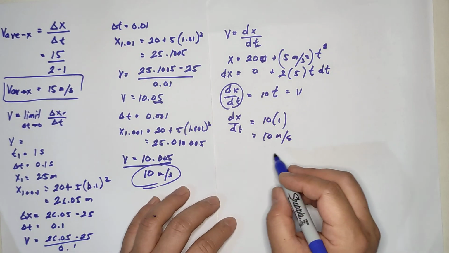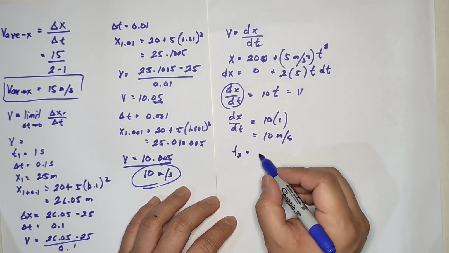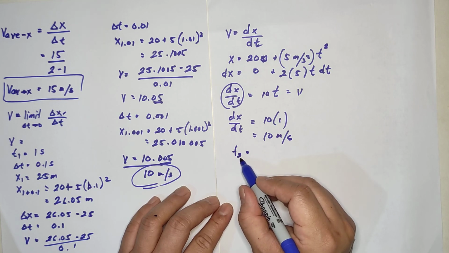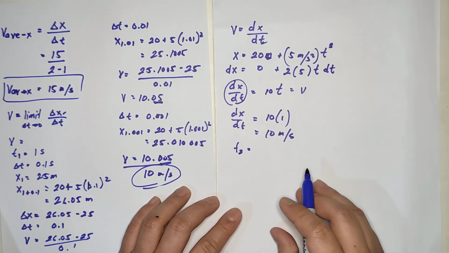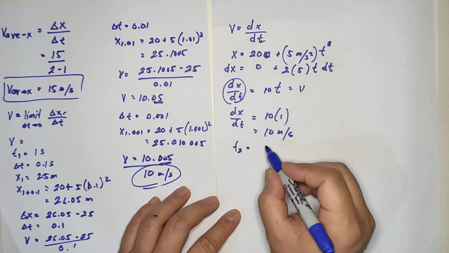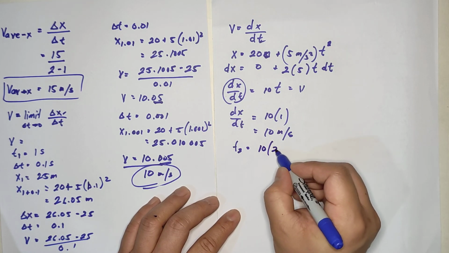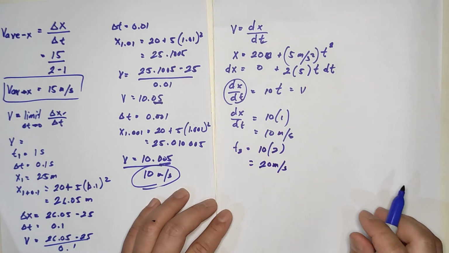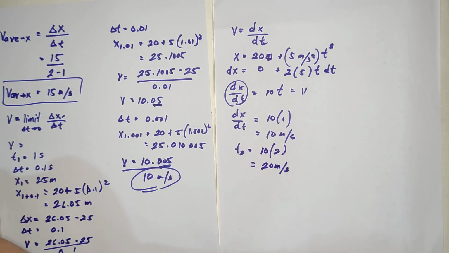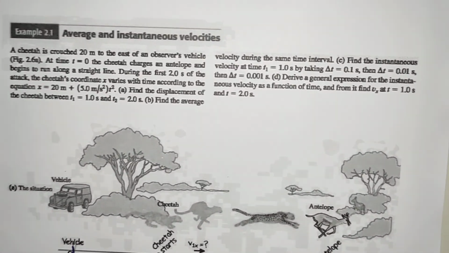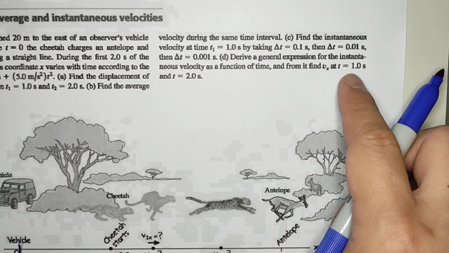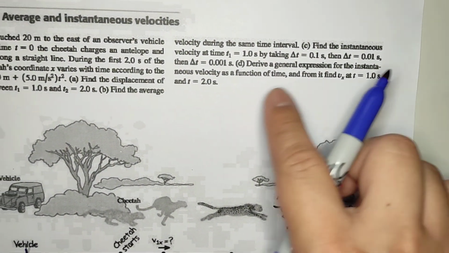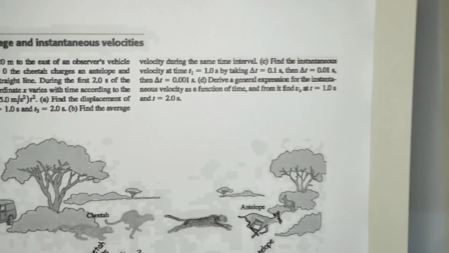Now, if you go to t equals 2.0, the instantaneous velocity would be 10 times 2, that is 20 meters per second. So as easy as that. We now have solved for the instantaneous velocity at t equals 1.0 and t equals 2.0.